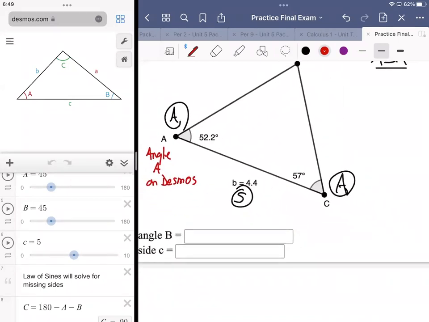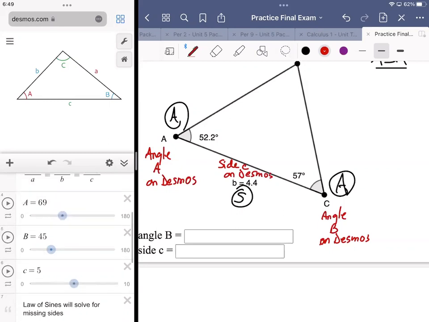All right. So this would be our angle A in Desmos, just based off the orientation of this triangle compared to the triangle that we have in the Desmos. This would be the angle B on Desmos. And this would be side C on Desmos. So angle A, 52.2, kind of hard to get there.